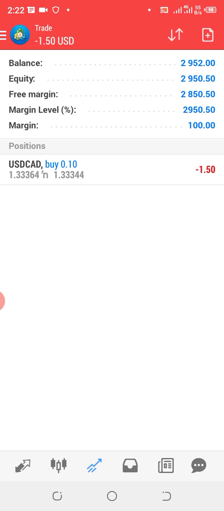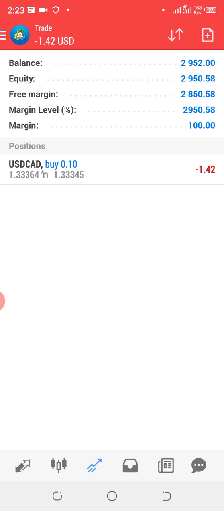Okay, so if you deposit $100 in your account and you open a micro lot size, it means that you need only $10 as required margin, because it is 1000 over 100. The 1000 means the lot size, and the 100 means the leverage, so that will be $10.